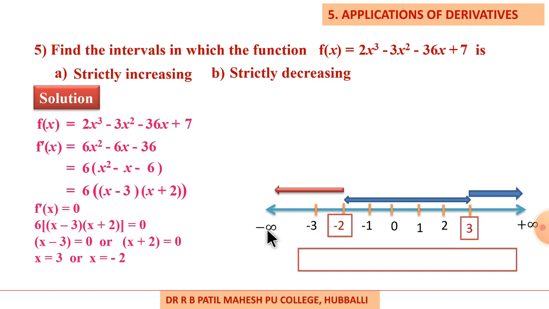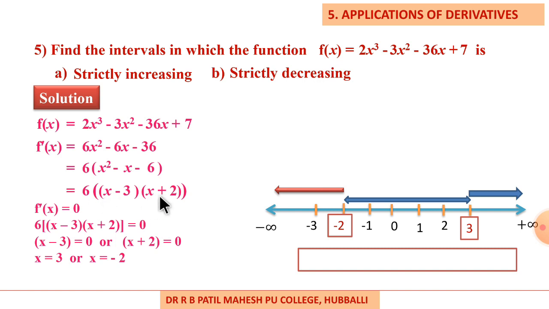Now similarly, you can take any value from minus infinity to minus 2. So I will take minus 3 here. If we substitute minus 3, we get minus 3 minus 3, which is minus 6, and here minus 3 plus 2 is minus 1. Minus 1 into minus 9 gives plus 9, plus 9 into 6 gives 54.